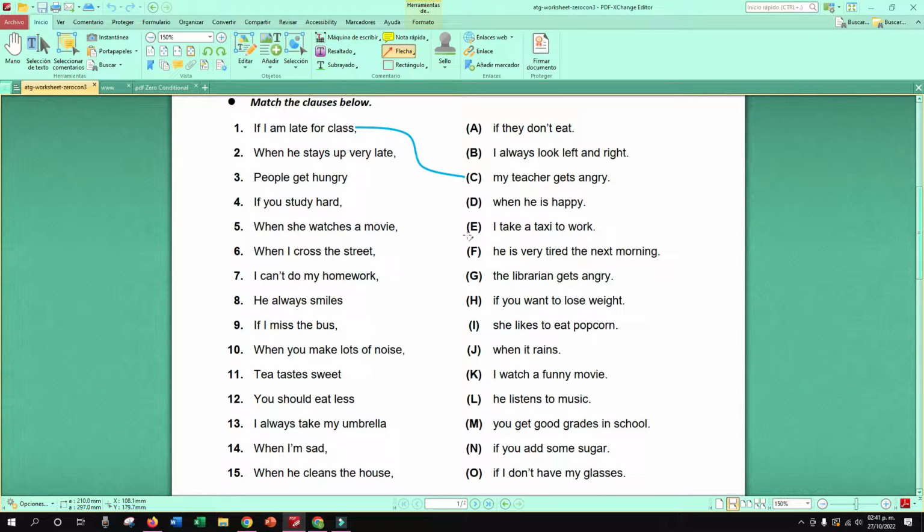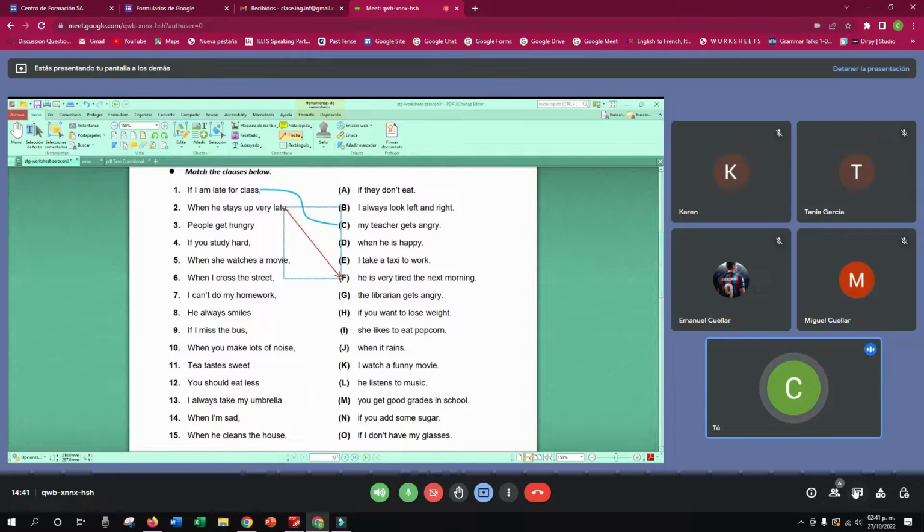I take a taxi to work, no. He is very tired the next morning, yes, right? So you have here, when he stays up very late, the cause, then we are going to have what? The result. He is very tired the next morning, yes? So, that is what you are going to do, guys.